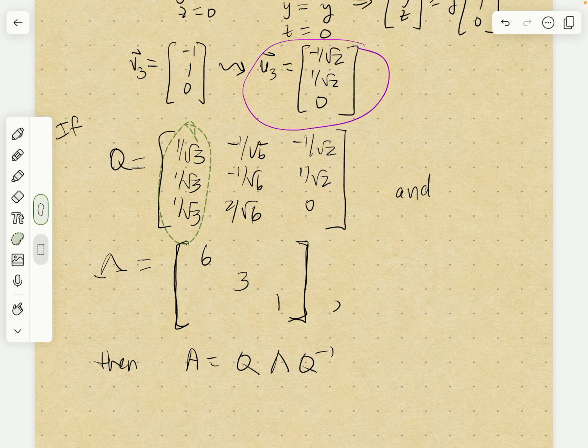So, once you have a unit length eigenvector, say u, then the only other eigenvector that's in the span of u is negative u, and that's the only other unit length vector. So you can always multiply each of these columns by -1. That's going to give you a different Q, but it'll also still work.